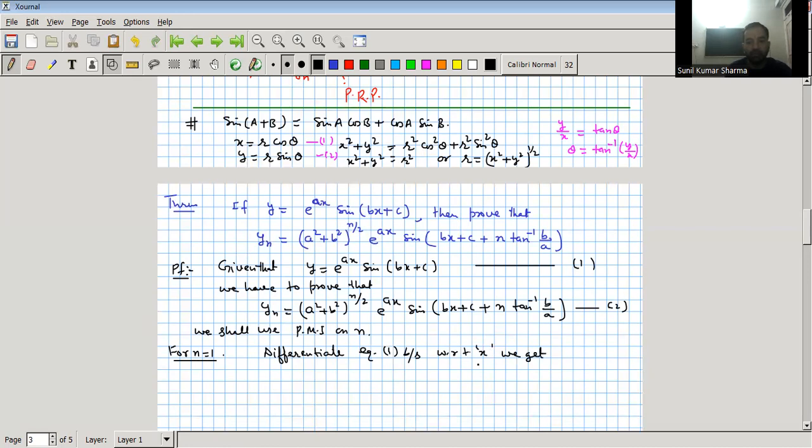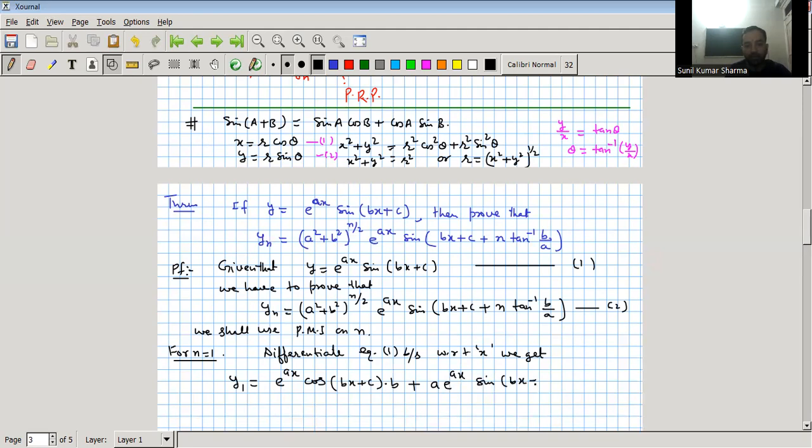We get, so what is y1? Y1 is e to power ax, we use first into second. First function is e to power ax, second is sin bx plus c. What is the derivative of sin bx plus c? It is cos of bx plus c into b, plus the derivative of e to power ax, that is a e to power ax, into sin bx plus c, the second function as it is.